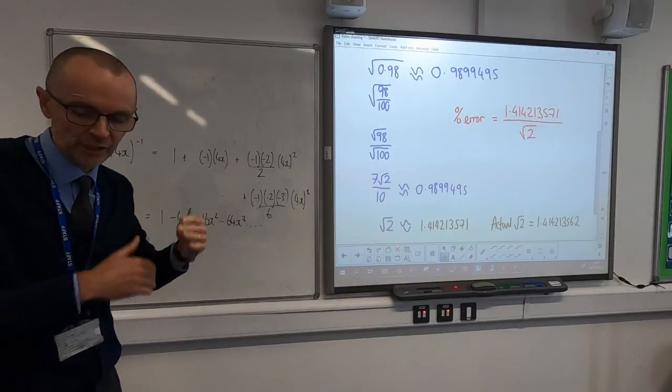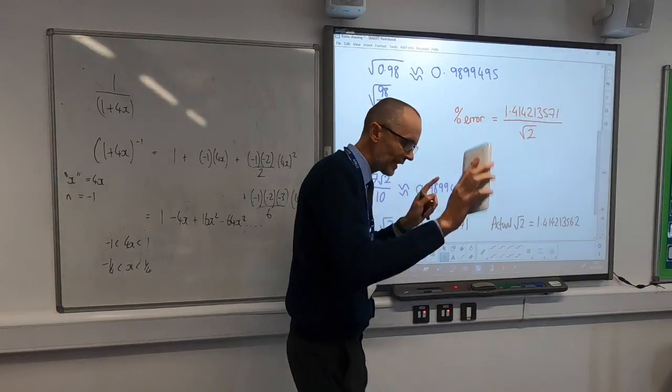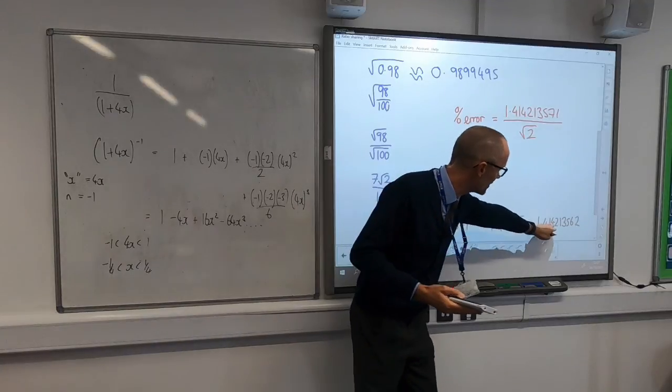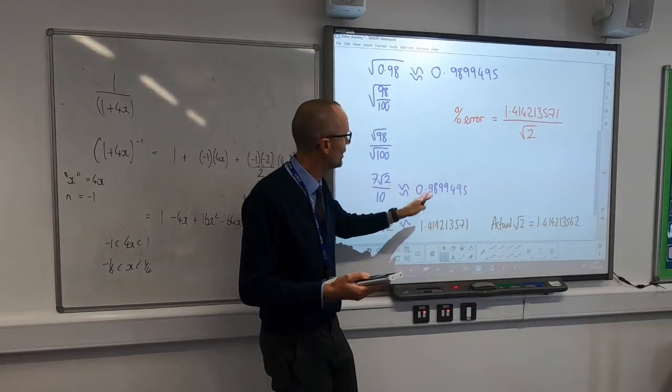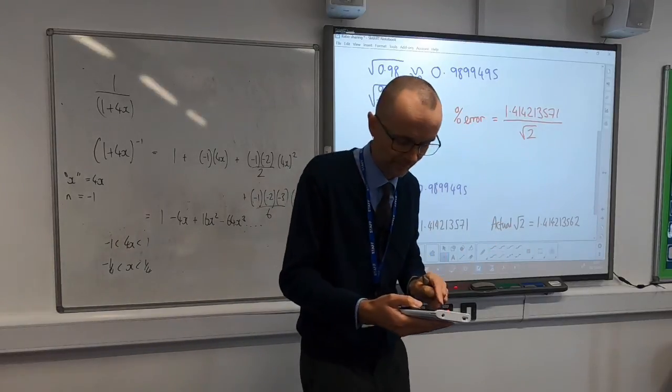So that's effectively change, after divided by before. So just get that on your calculator screen for me. So I've got the answer that the expansion gave me on top, and the actual answer on the bottom.